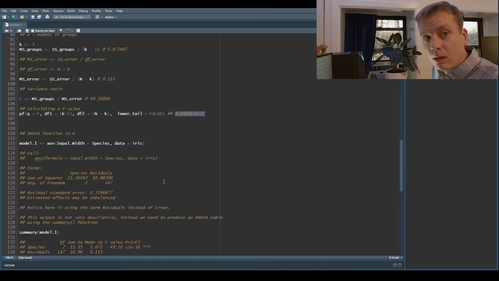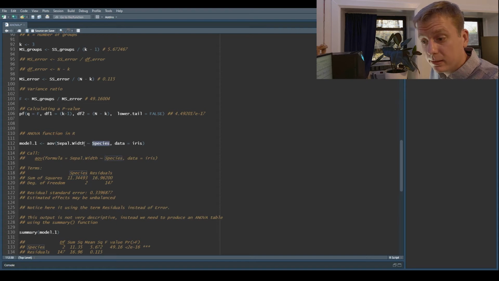Now, of course, all of that work is condensed in the Anova function built into R. And the function is aov for Anova. And the way that we write out our Anova function is we give it our y value, the measurement we're interested in, and then we put in this tilde symbol, and then we give it our x value, the grouping variable, the information that it needs to know which group is which.